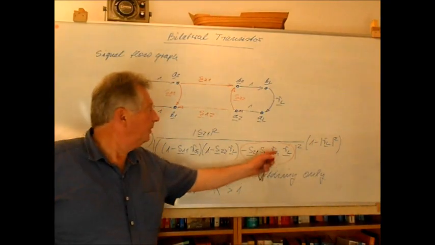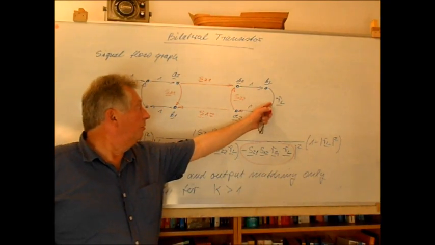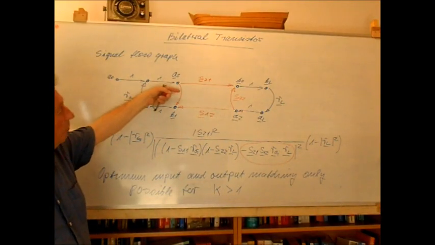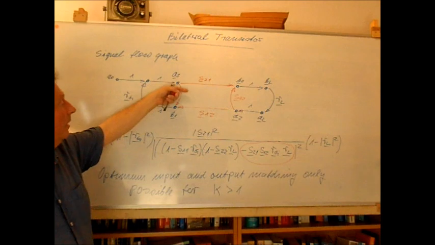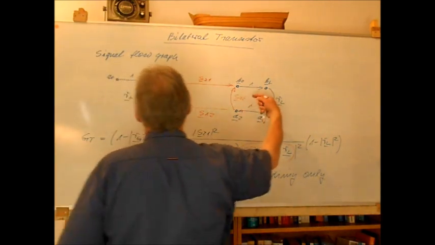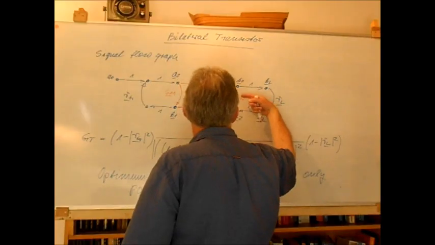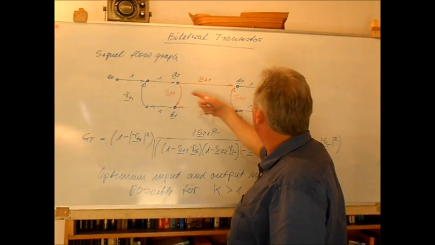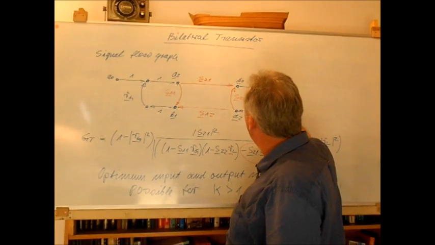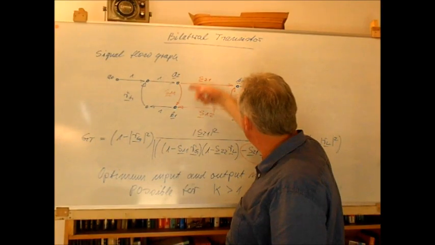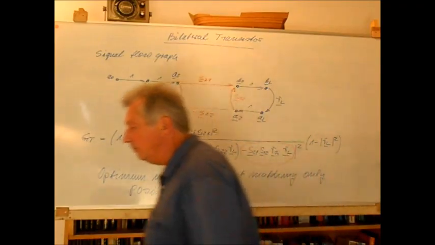The reflection coefficient of the output will change the reflection coefficient I see into the input of this device, and vice versa, the generator reflection coefficient I see here will have an influence on the S22 or on the output reflection coefficient I see into this network.